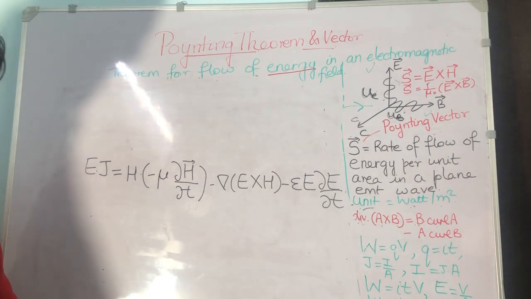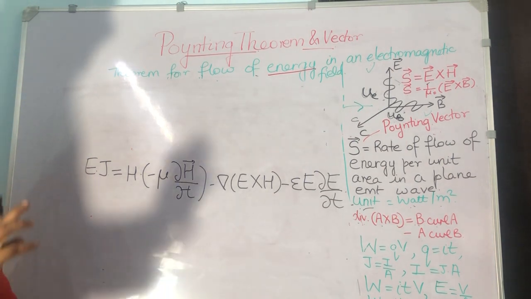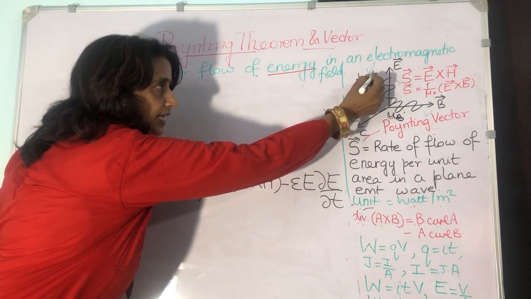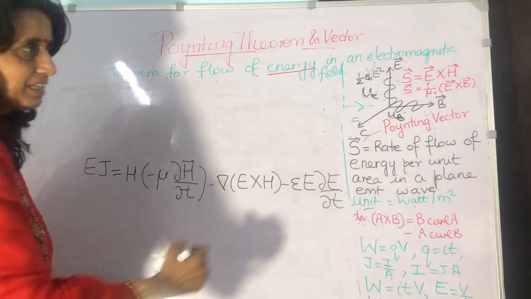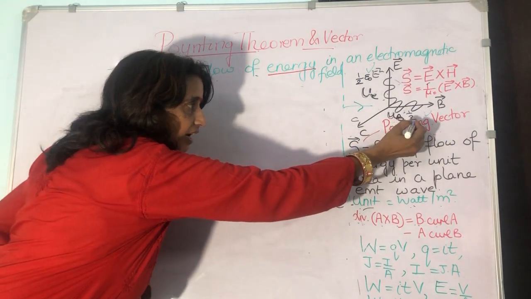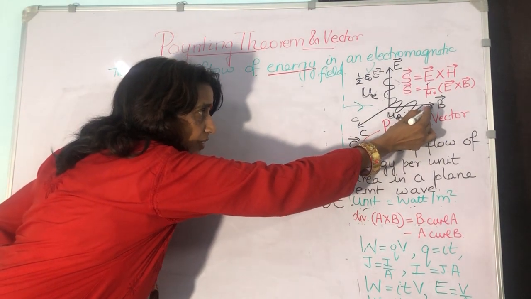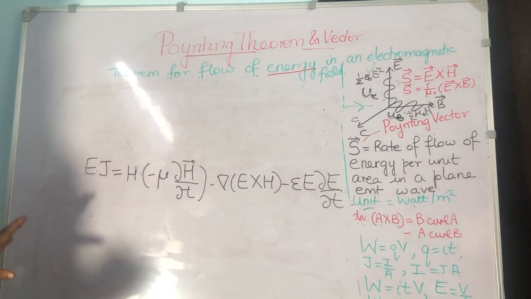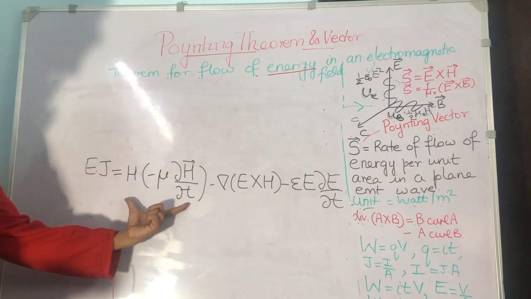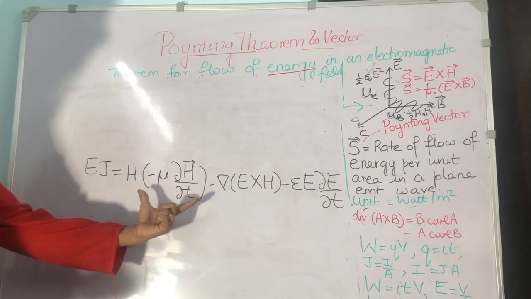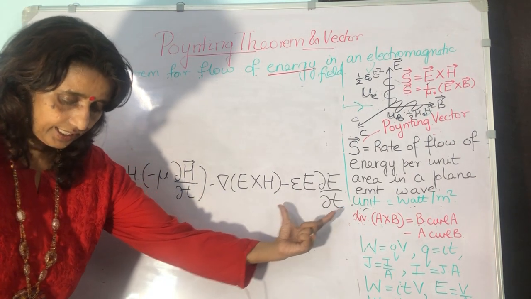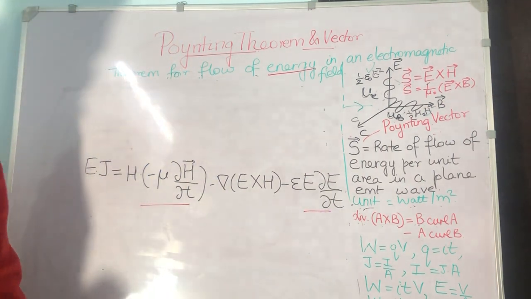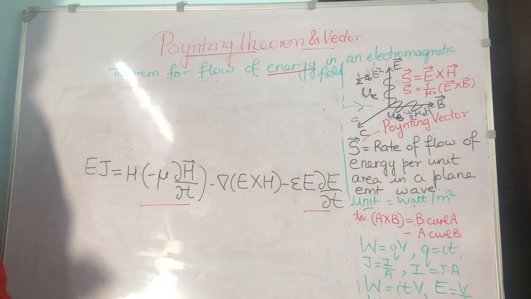So, we have a rough idea that the electric field energy is half epsilon naught E square and the magnetic field energy is half mu naught or mu H square, right? So, we have to play a trick where we can make the electric field expression and the magnetic field expression look like an energy term.